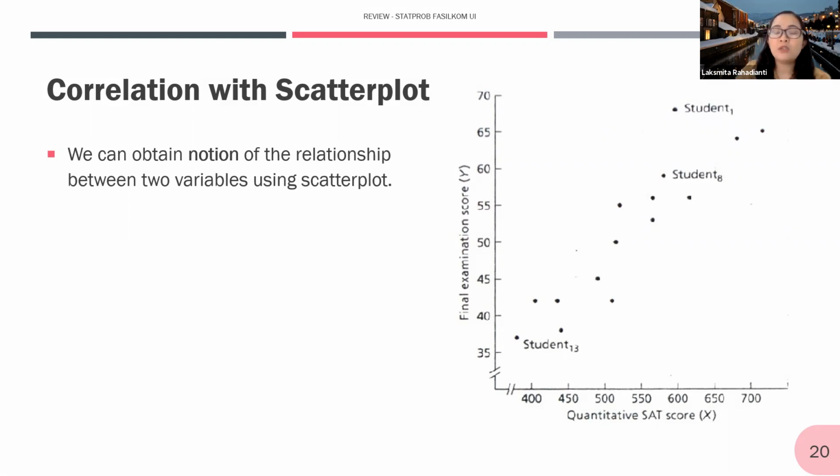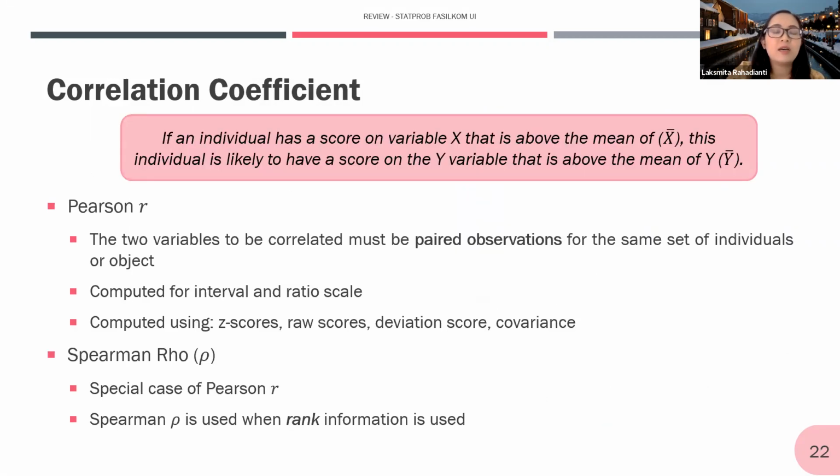But if you want to give an objective analysis, you need to use a numerical measurement. This is the correlation coefficient that you can use. You can use either the Pearson r or the Spearman rho. The Pearson r can use raw data, z-scores, or deviation scores, and can be computed for interval and ratio scales only.